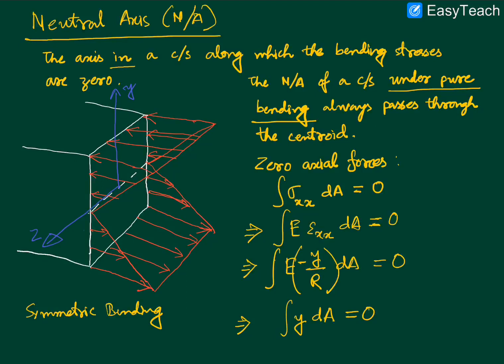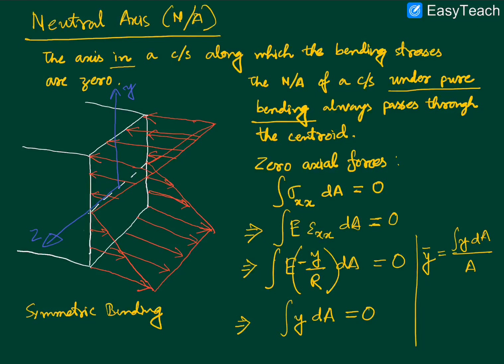The integration y dA is very much a part of our definition of the centroid. If you remember from earlier, we had written the y coordinate of the centroid defined like this. So if integration y dA is equal to 0, it means that because capital A is not 0, the y bar has to be 0.